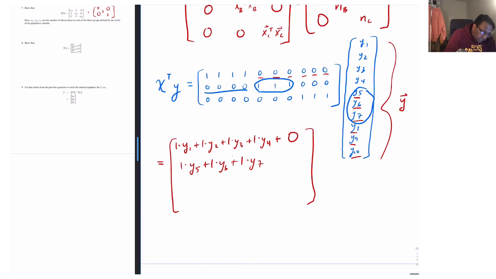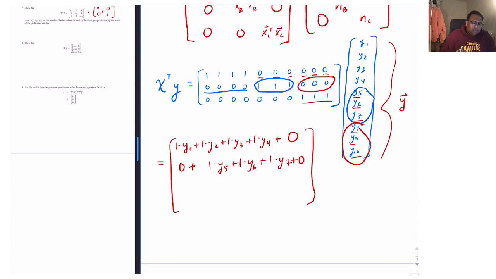And I guess for clarity, we can show that there's a 0 in the beginning, and then after it, y8, 9, and 10 correspond to zeros once again, so I have a 0. And then lastly, for the third element in X transpose y, everything except for the last 3 gets multiplied by a 0. The last 3 in this case are just 1 times y8 plus 1 times y9 plus 1 times y10 and a bunch of zeros before that.